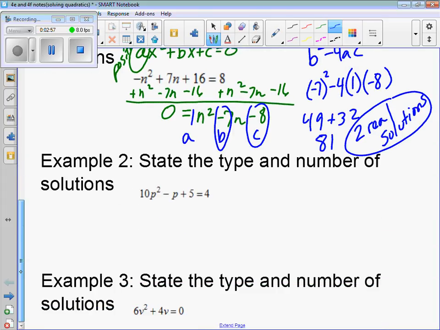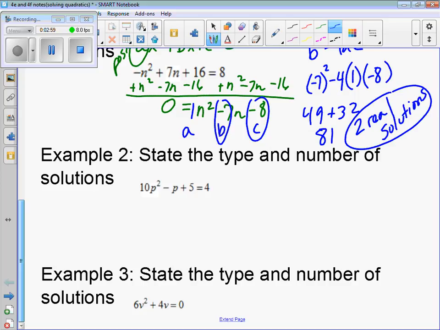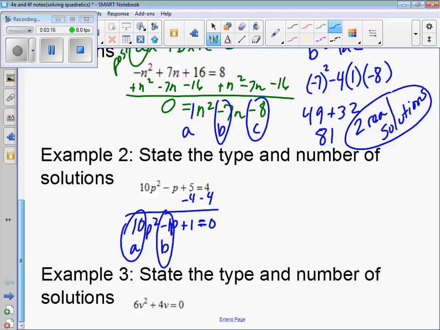Next problem. I see that a is positive 10, so I subtract 4. I have 10p squared minus p plus 1 equals 0. So my a is 10, my b is negative 1, my c is positive 1. Let's use b squared minus 4 times a times c, the discriminant.